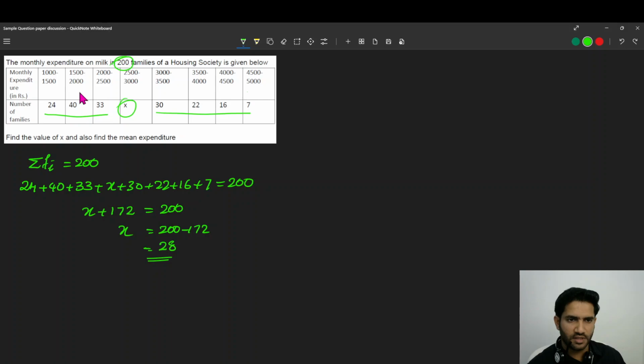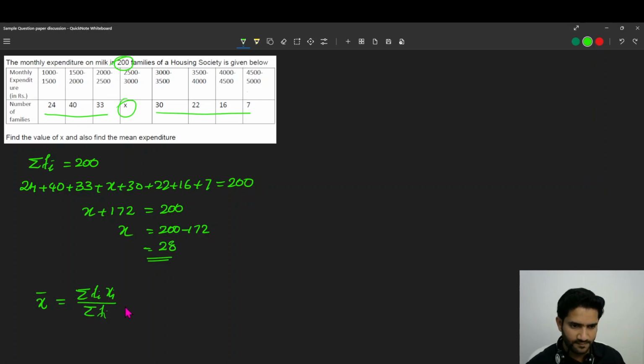Here if you want you can use step deviation method, because here we have 1000, 1500. So for simple calculation we can use step deviation method, or simply you can use the same formula we used for the previous question. That means sigma fi xi divided by sigma fi.